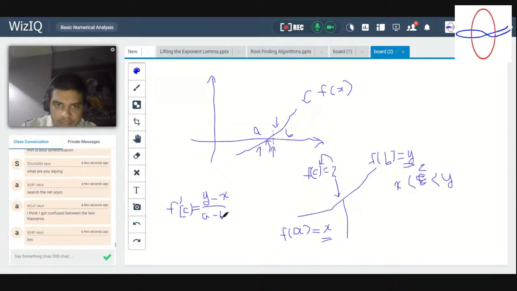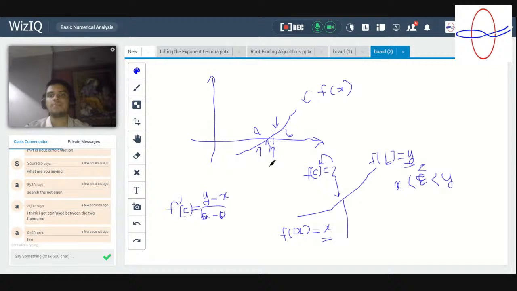Yeah, you have at least one c such that f dash c is equal to y minus x upon, sorry, b minus a. Either way, so this is the mean value theorem, this is the intermediate value theorem.